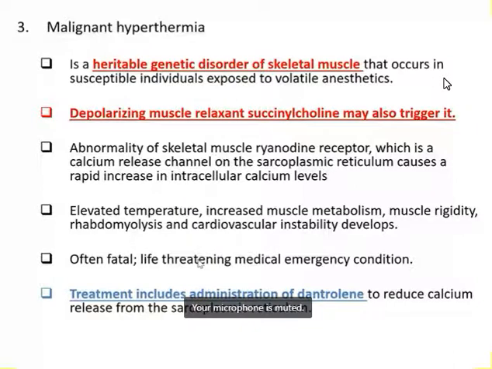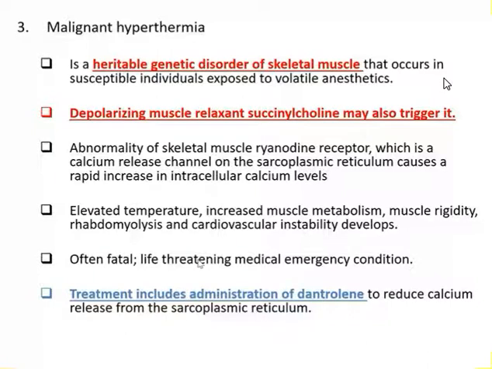There are certain genetic abnormalities seen in some patients; you can relate it with pharmacogenetics. This is a heritable genetic disorder of skeletal muscle that occurs in susceptible individuals exposed to volatile anesthetics, mainly halothane and sevoflurane.